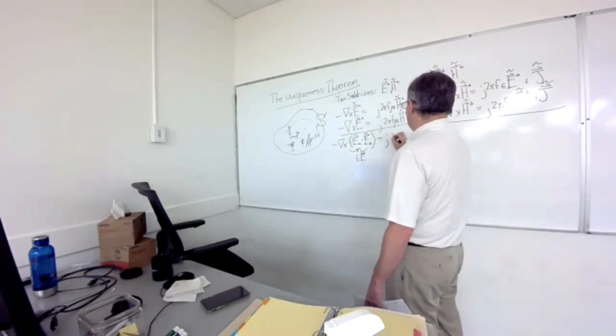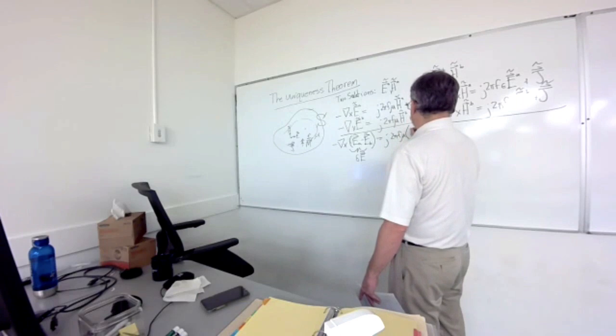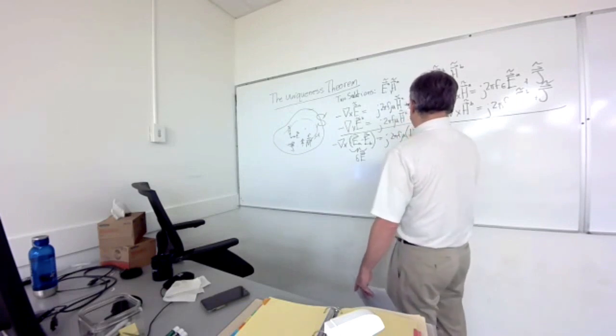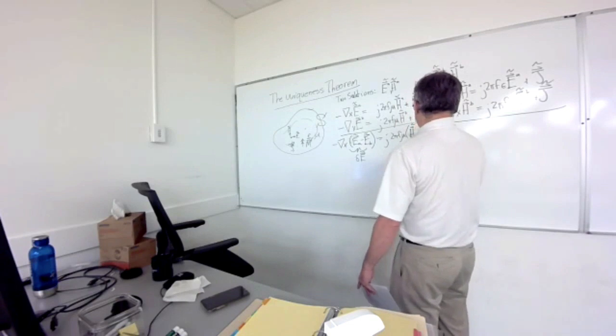And then I have j 2 pi f mu times HA minus HB.